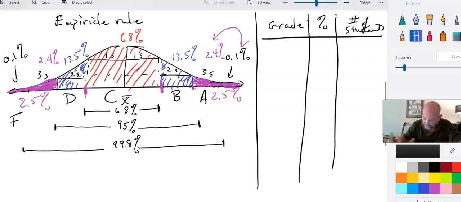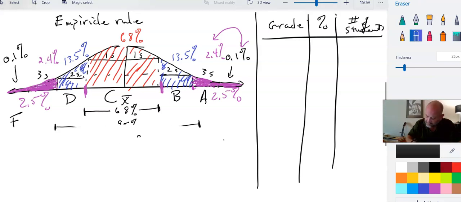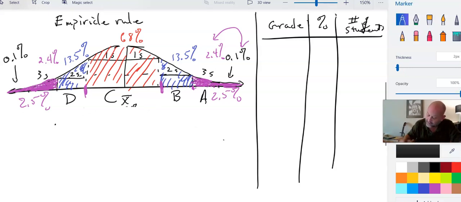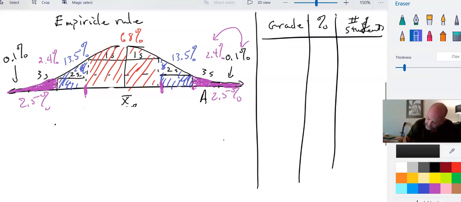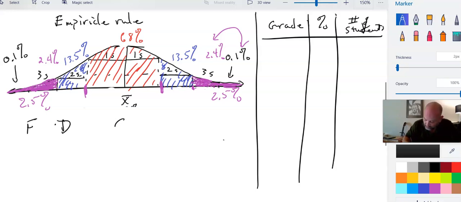In fact, it might look a little bit nicer if I just get this off of here. Okay, so these are F's, these are D's, this whole middle thing is C's, and then you get B's and A's.